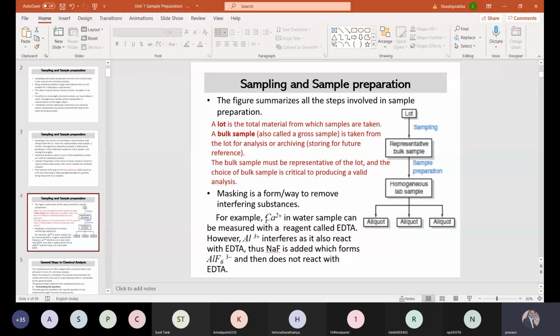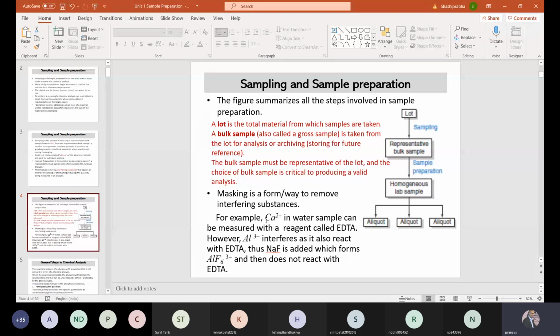Otherwise, see, if determining calcium and magnesium in a water sample is that simple, anyone could do it. You don't need to do post graduation to do a calcium magnesium titration. But the major thing which people may not be knowing is under the presence of which ions you cannot directly titrate calcium with EDTA.